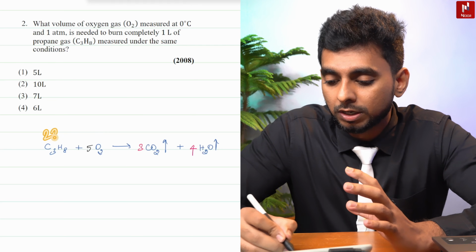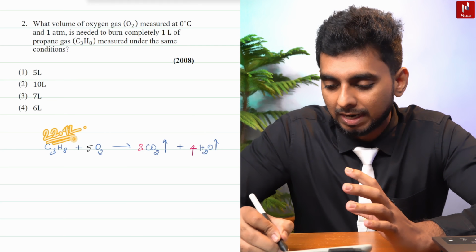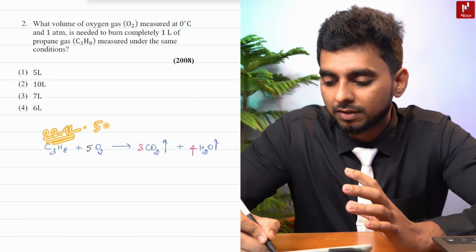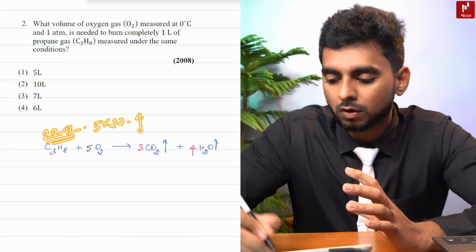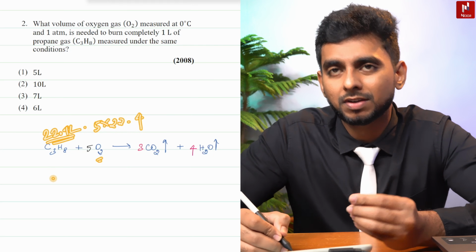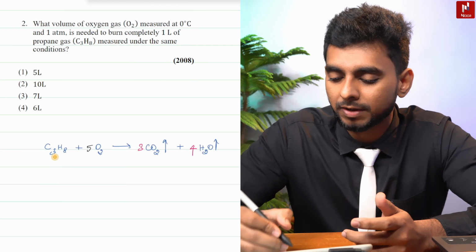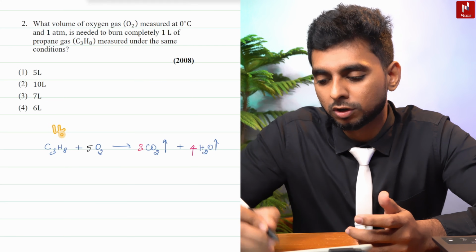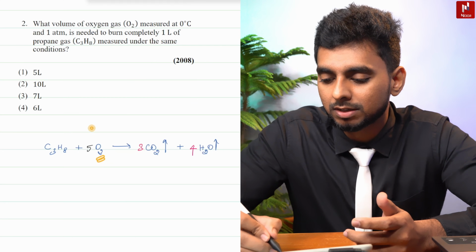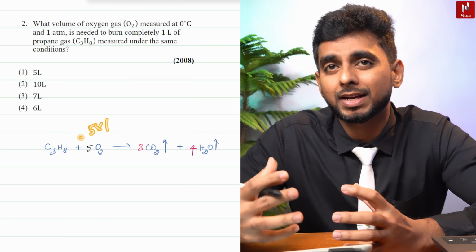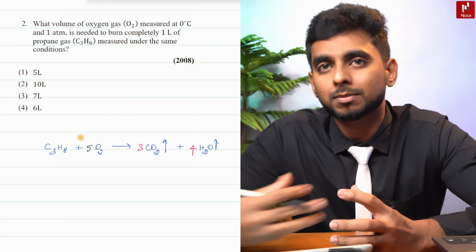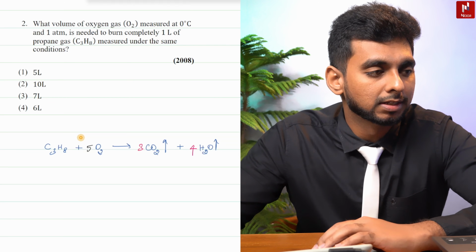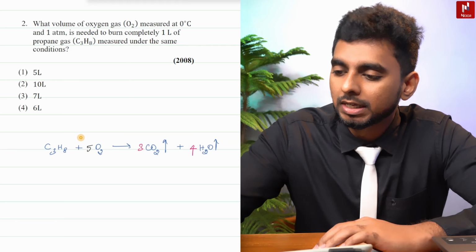If they had given you 22.4 liters of C3H8, then I would have needed 5 into 22.4 liters of O2. But in this situation, they have given it in a simple way. They have given us 1 liter of C3H8. Then how much oxygen is needed? It will be 5 into 1. Therefore, I need 5 liters of oxygen to completely combust this C3H8. It is a pretty easy, obvious one.